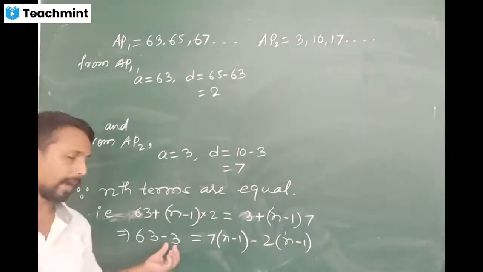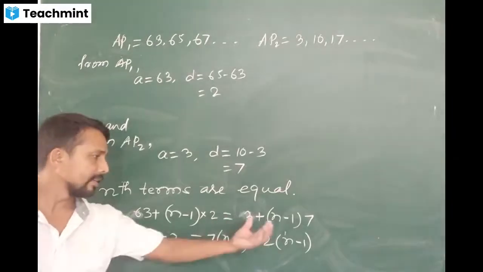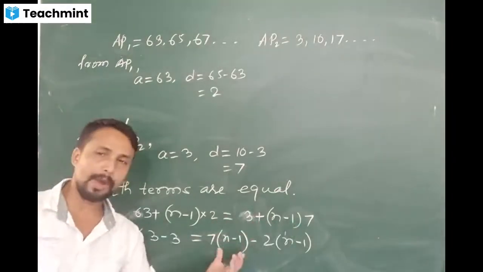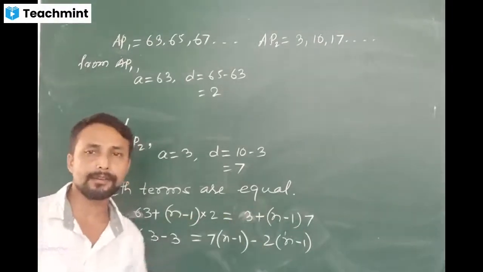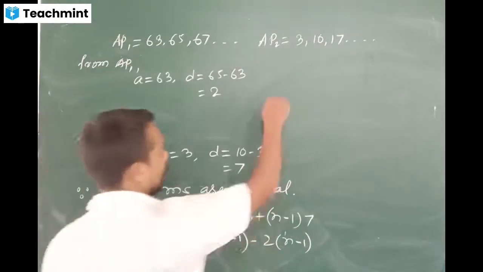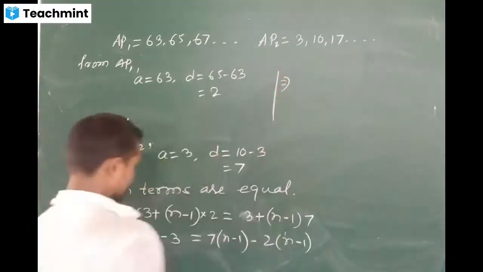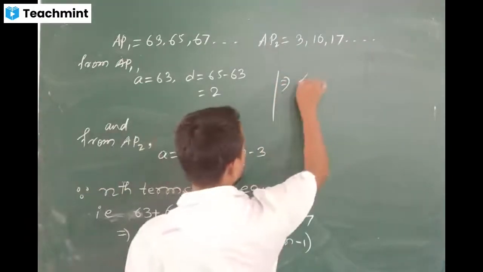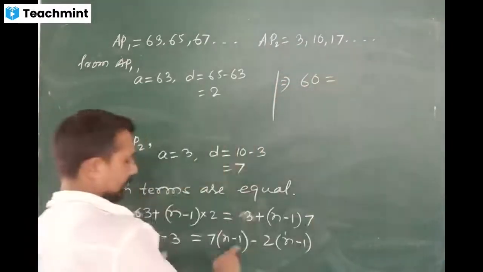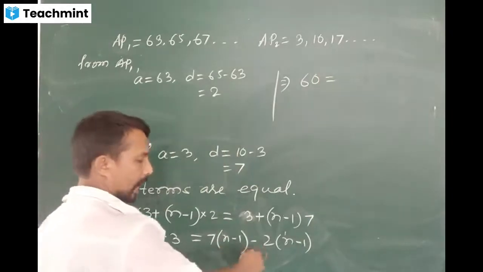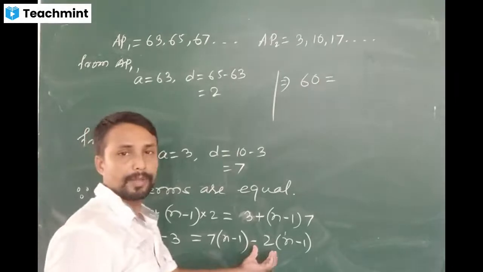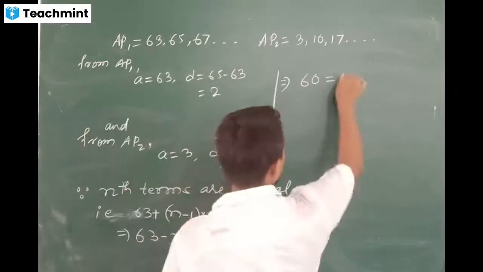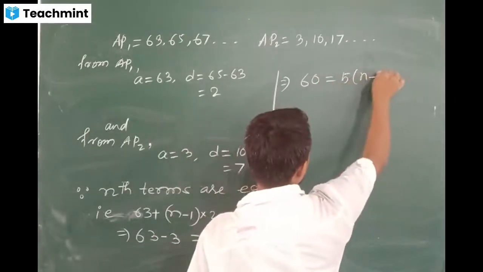Now we get 63 minus 3, which is 60, equals 7 into n minus 1 minus 2 into n minus 1. From 7, if you subtract 2, we get 5 into n minus 1.